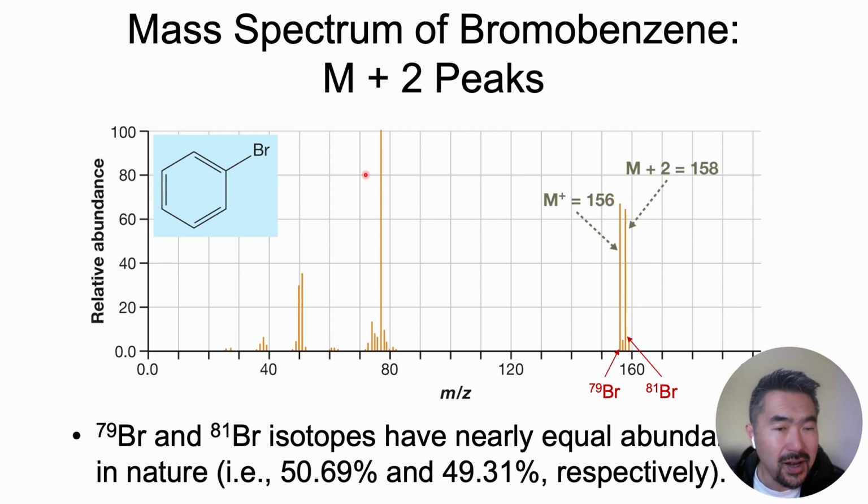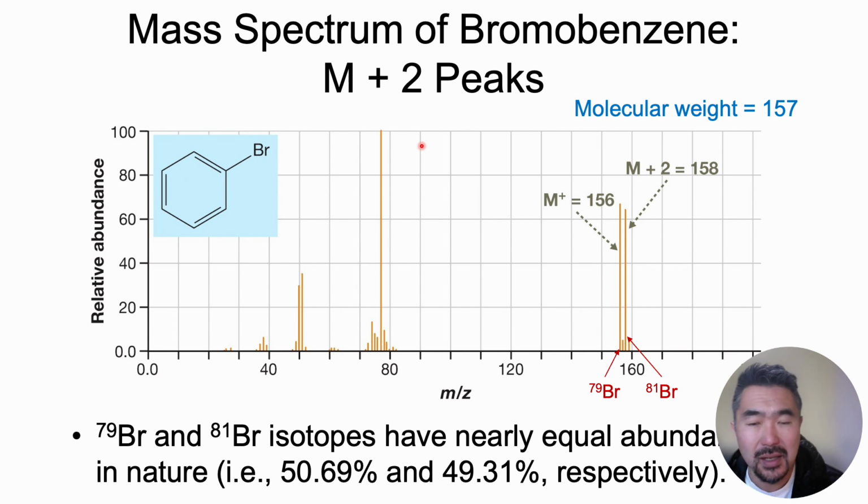Now, the fragments over here do not have that M+2 feature because these fragments do not contain bromine. In other words, this fragmentation going from here to there is likely due to the loss of bromine. And again, you don't want to go by the molecular weight, you want to go by the monoisotopic mass, because the molecular weight is the average of these, which is approximately 157.